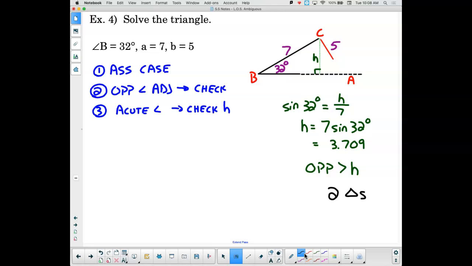Okay, so my first triangle. I'm going to solve my first triangle like I would normally do it with the law of sines.